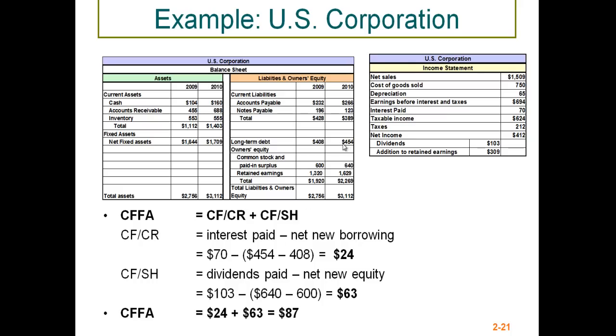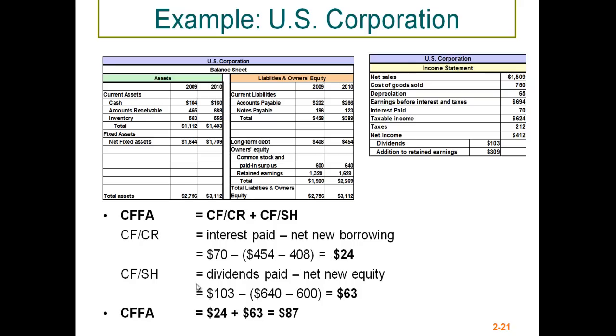In 2010 we have 454. In 2009 we have 408. So 454 minus 408 is 46. So 70 minus 46 is 24. So that's our cash flow from creditors.